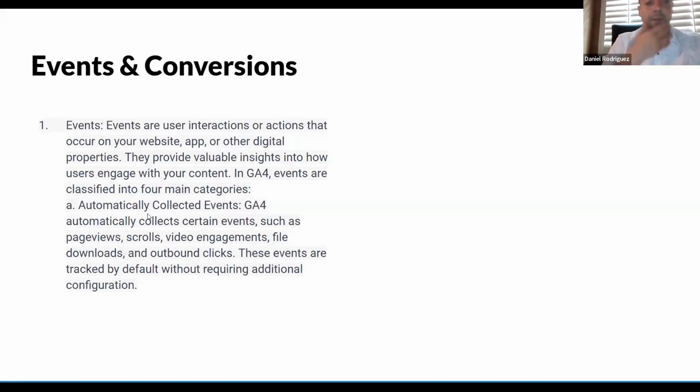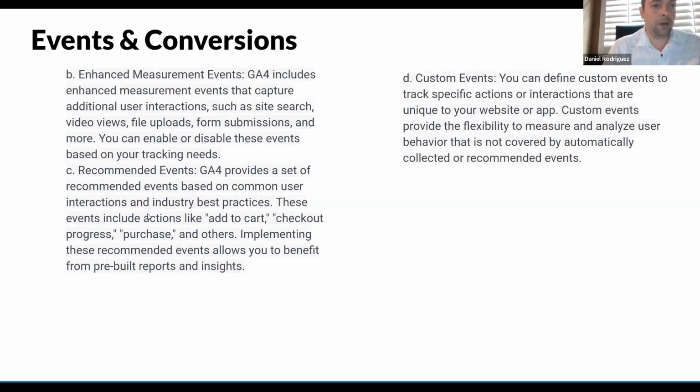So all this data is collected automatically by Google Analytics 4 events, as I mentioned before, from page views to scrolls to video engagements. If someone downloads a file, if they're going to a different website and then coming back. But if you don't set this right, the data might come raw, as I showed you on the first setup.